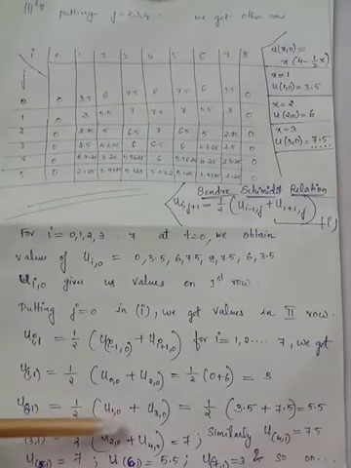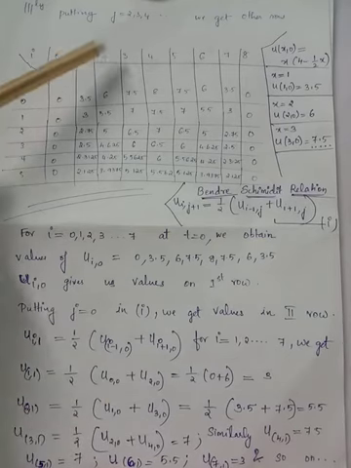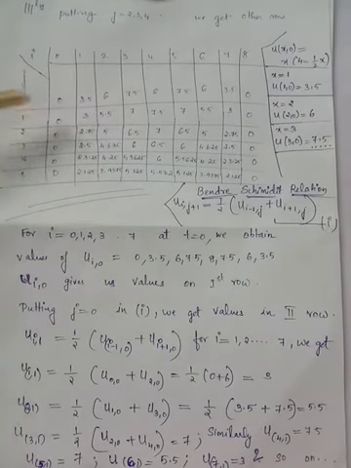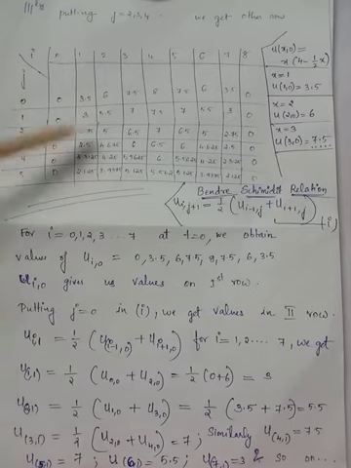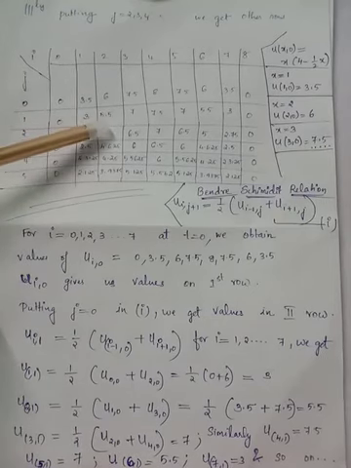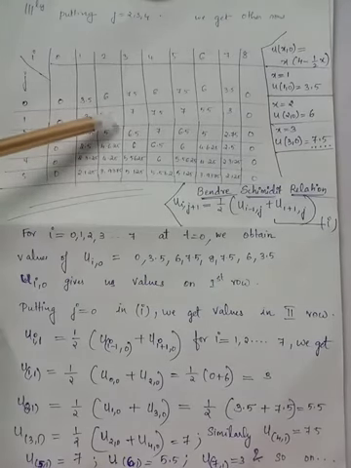So you take the sum of 3.5 and 7.5 and multiply it by 1 by 2 to get the answer as 5.5. u21 is the position i equal to 2, j equal to 1, and there you have to write the answer 5.5.